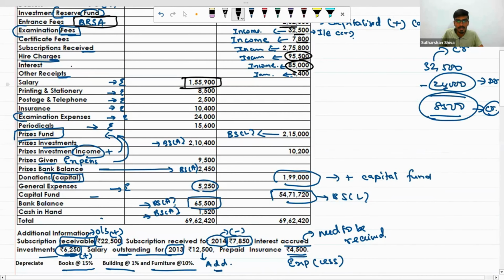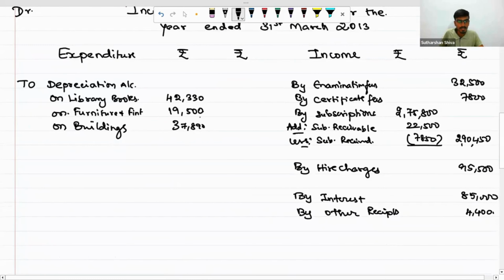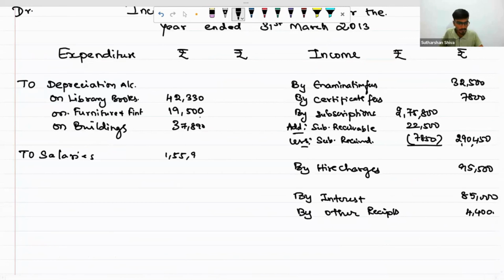Then coming to the salaries part, are there any adjustments for salaries? Yes, there is a salary outstanding of 12,500. So we will write to salaries. What is the actual value? 1,55,900 is the actual value, and I will add outstanding 12,500.